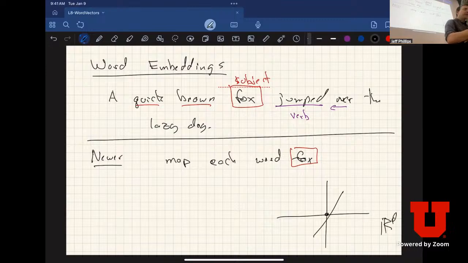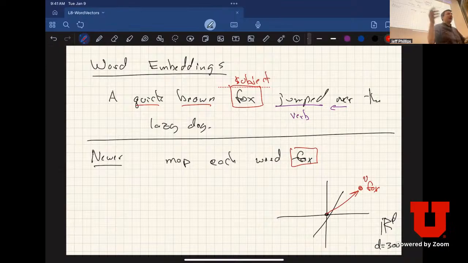This is R^D. We're going to think of D as equal to, say, 300. So there's a vector labeled by fox. It's going to be some vector in the space. In a 300-dimensional space, that means I'm going to turn the word fox into an array of size 300. It's going to have a bunch of numbers in it, and somehow that's going to capture the context of what fox means.